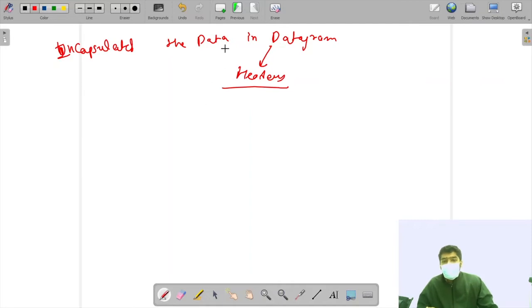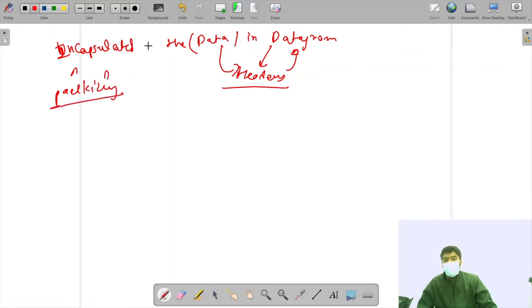We take the incoming data, add headers to it, and form it as a datagram. The headers contain the destination address and source address. That's the part of packetizing.